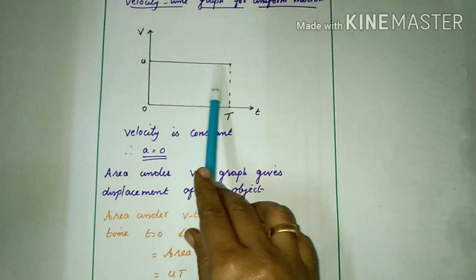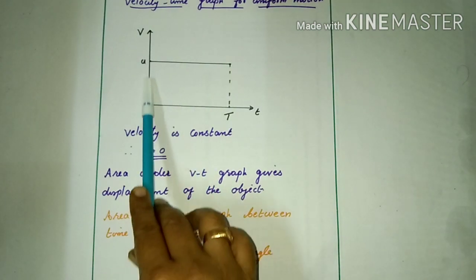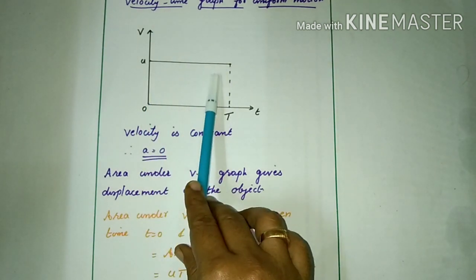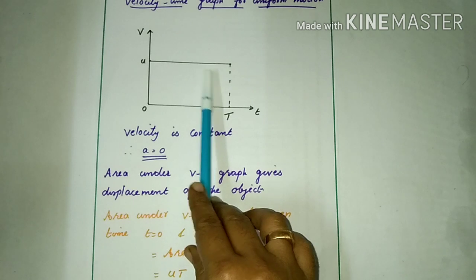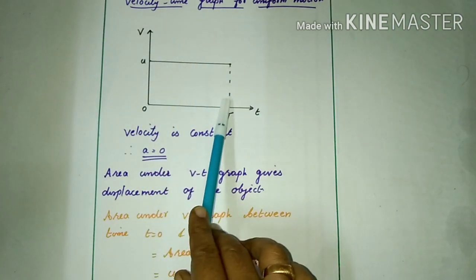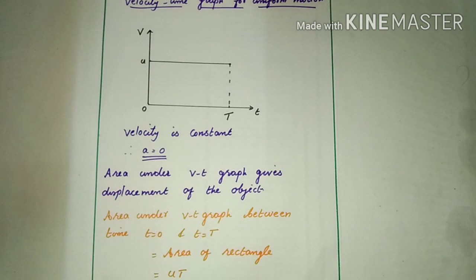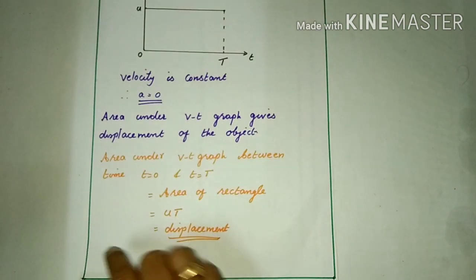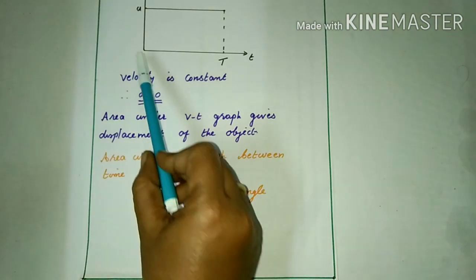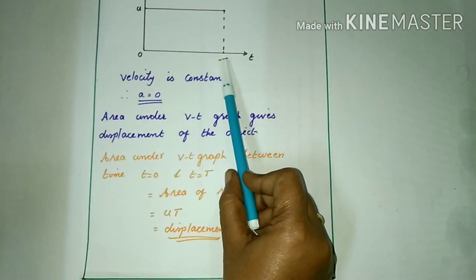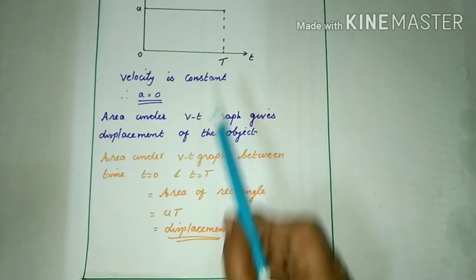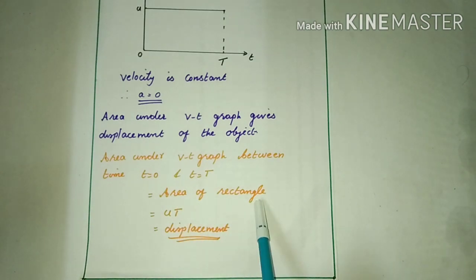So the area under the v-t graph gives the displacement of the object. So here the area is in the form of a rectangle. So we can write area under the v-t graph between time t equal to 0 and t equal to capital T, area of rectangle.